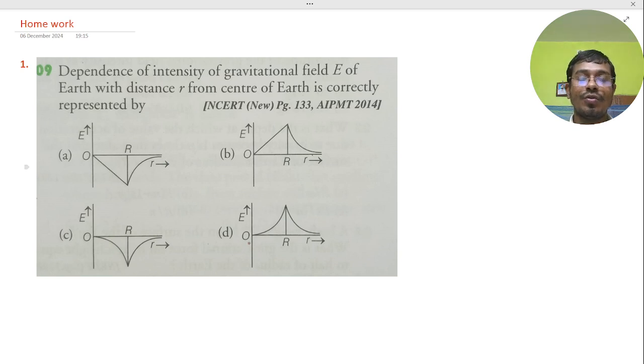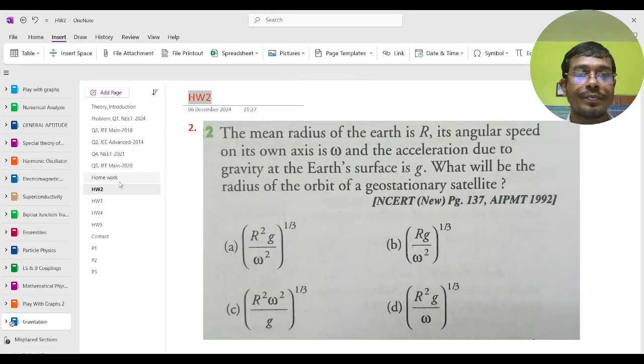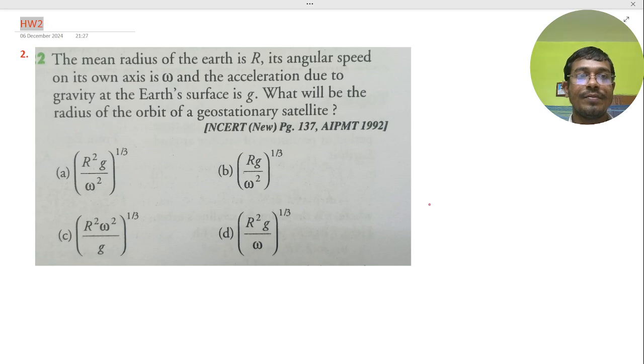You should choose one option from the curves. You just pause the video and take a screenshot of my problem, and after solving this problem you just mail me. The second one is also from the NEET exam: the mean radius of the earth is r and the angular speed on its own axis is omega and the acceleration due to gravity on the earth's surface is g. What will be the radius of the orbit of a geostationary satellite? Just pause and take a screenshot.